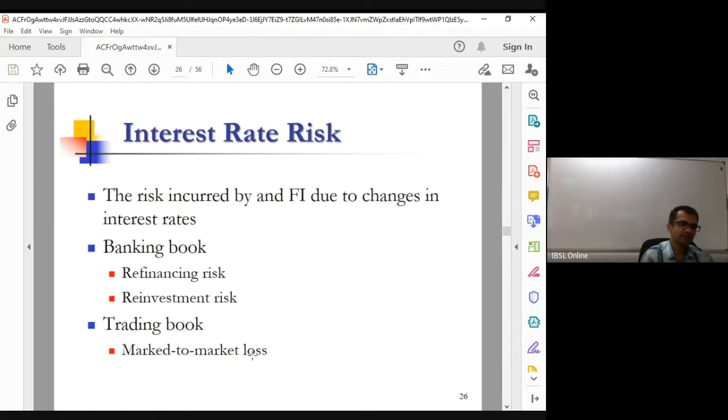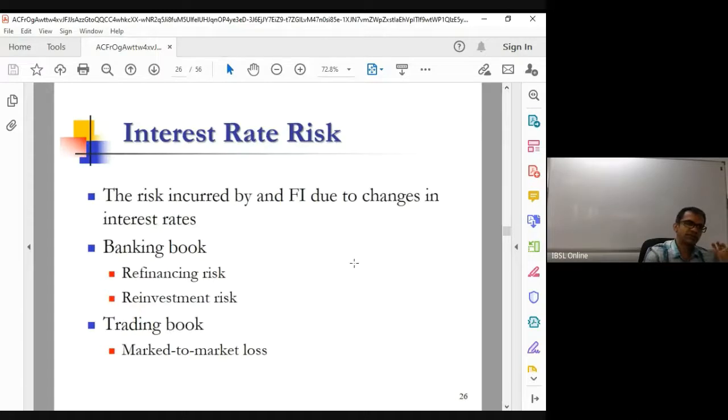Then we compare the previous day's market price and today's market price, whether we have a gain or whether we have made a loss. That is what we call mark to market, and it may be a mark to market profit or a loss. Having a loss is the risk, making profit is the opportunity that we get due to the market risk.